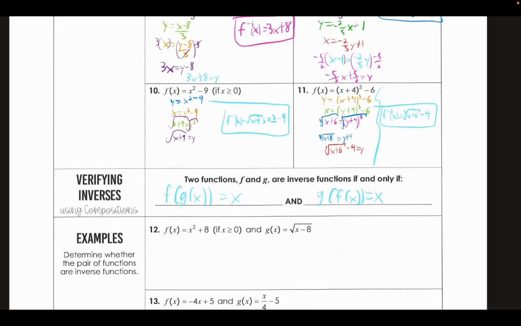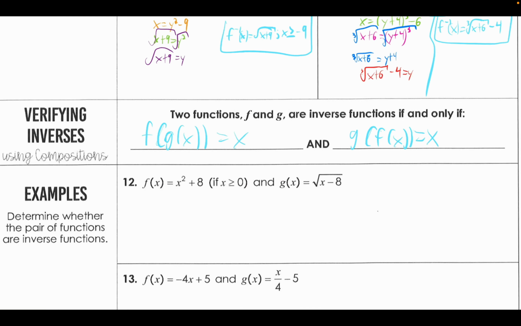So a function and its inverse, when composed, just give you x. In order to verify if two functions are inverses, you compose them in each direction, plugging one into the other and then the other direction as well. If you get just x after simplifying in both directions, then yes, they are inverses.